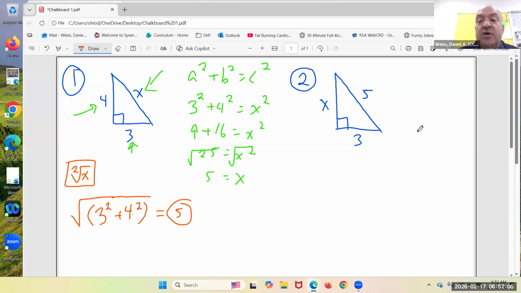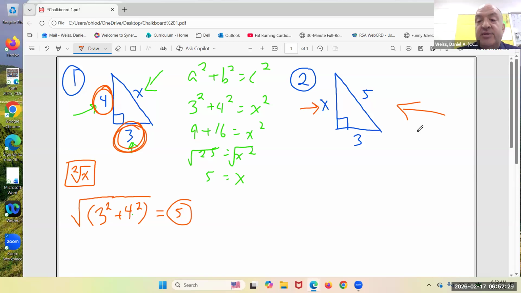Okay. So look over here now at this one. This time you're looking for one of the sides instead of the hypotenuse. So in this case, it's going to be minus, because in number 1, you add 3 squared plus 4 squared.